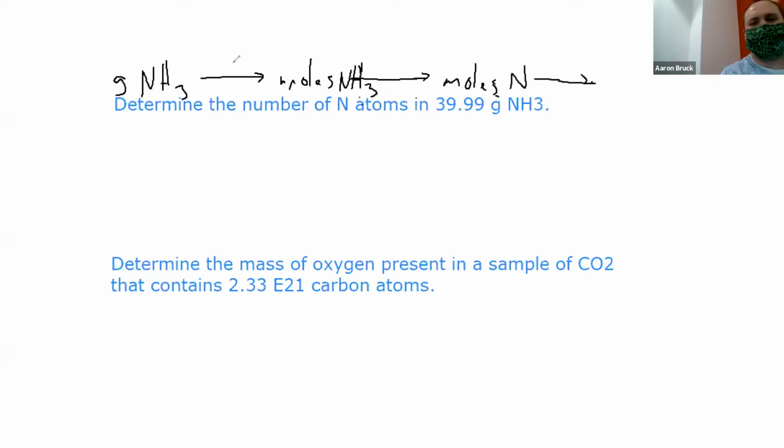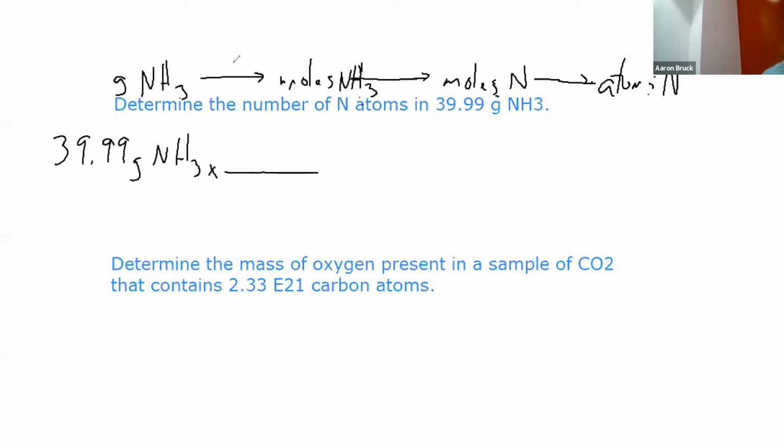And finally into atoms. So my first step, 39.99 grams. I need to turn the grams of ammonia into moles.